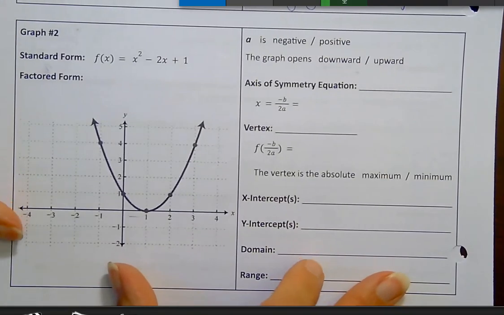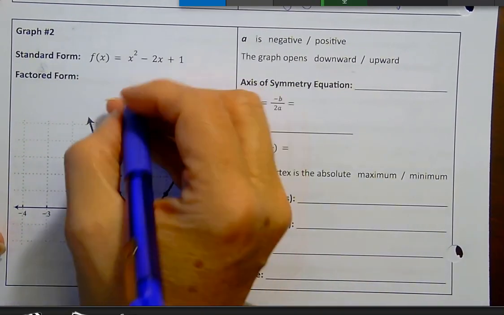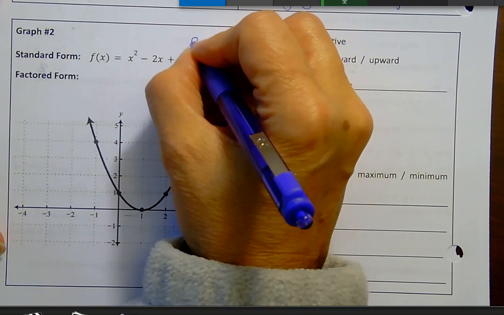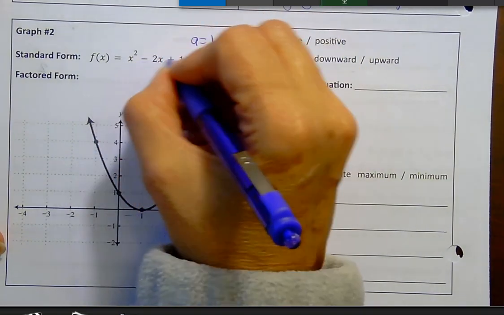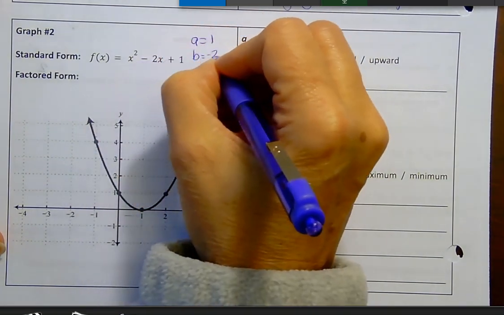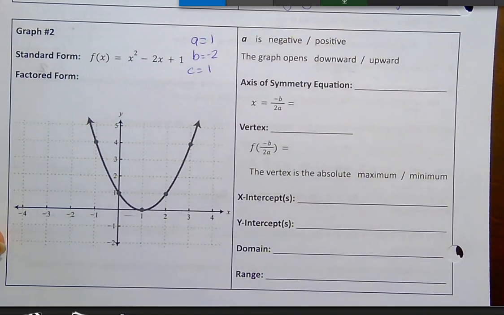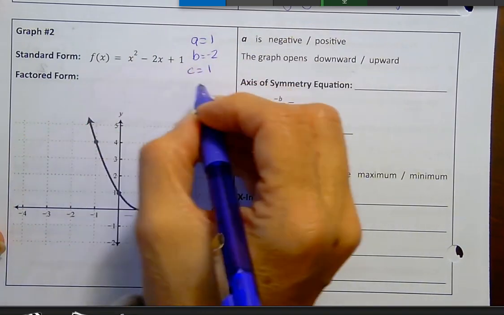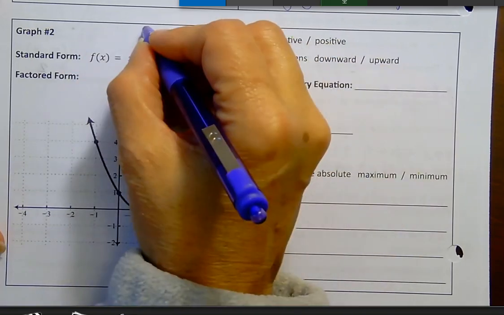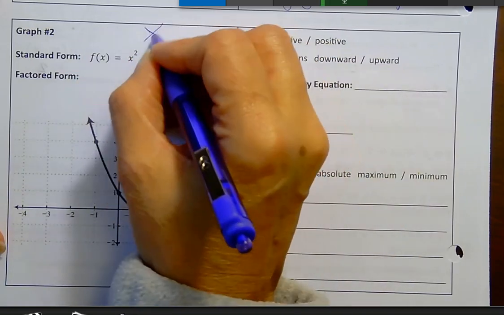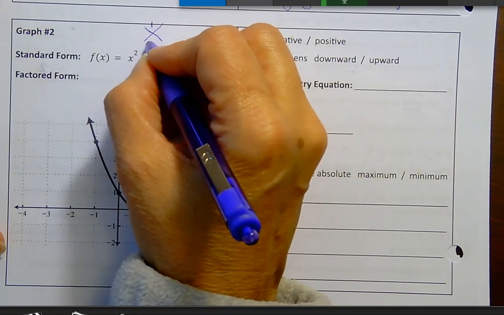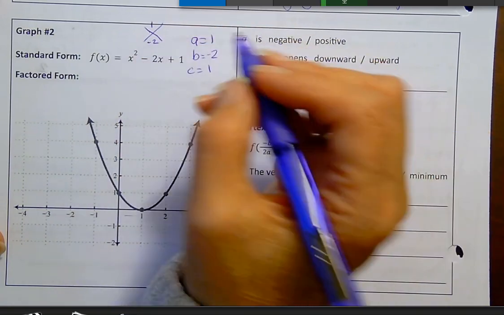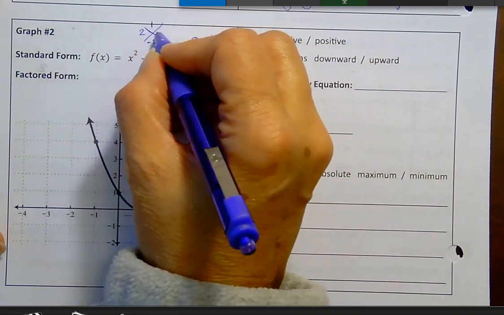Okay, graph number 2. I'm going to go maybe a little bit faster. I know a equals 1, b equals negative 2, and c equals 1. If I wanted to factor this, I need two numbers. Let's do our little x puzzle: two numbers that multiply to give me 1 but add up to give me negative 2.